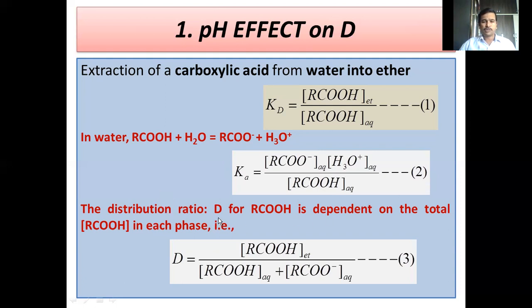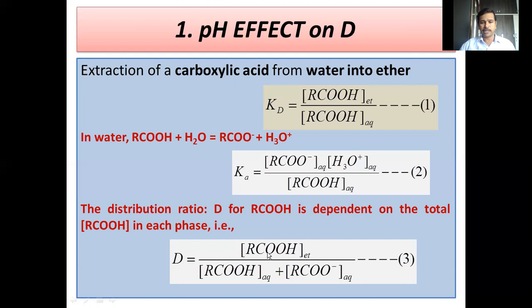We know the definition for distribution ratio. Distribution ratio is simply the ratio of the total concentration of the analyte in the organic layer divided by the total concentration of the analyte in the aqueous layer. Assume in the organic layer, carboxylic acid does not tend to undergo any transformation, so it will be present in its original state.